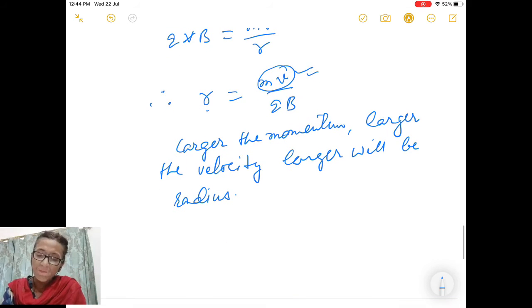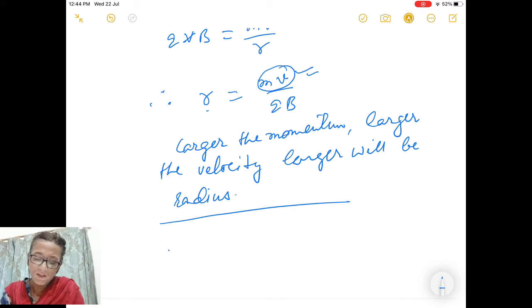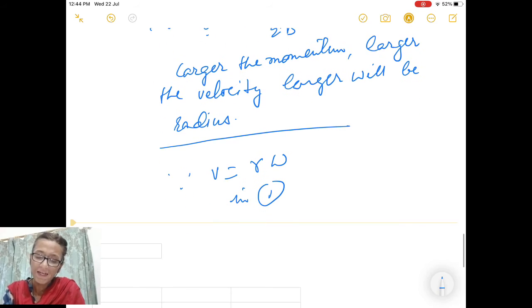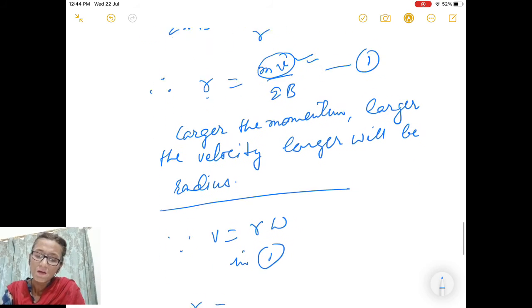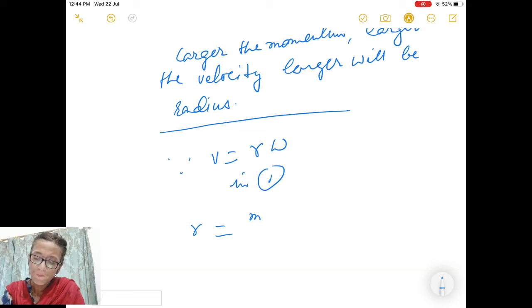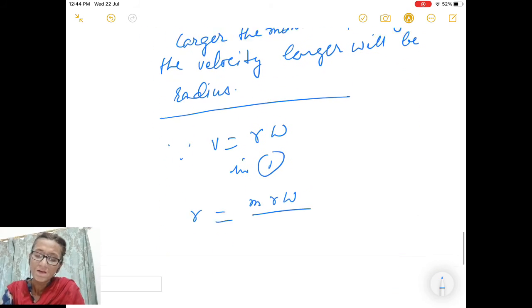But actually, this is not the working principle. I am coming to the working principle. Since we know that v is equal to r omega, now replacing v with this value in equation 1, we find that r is equal to m r omega upon qB.